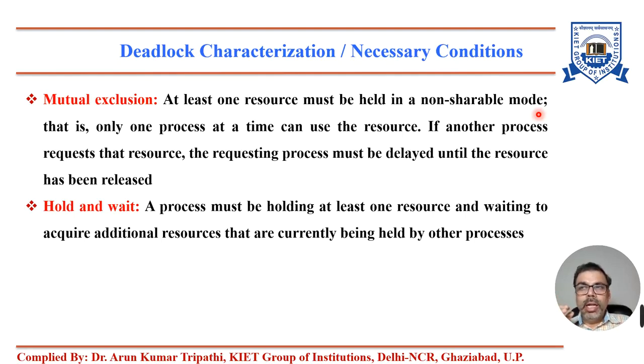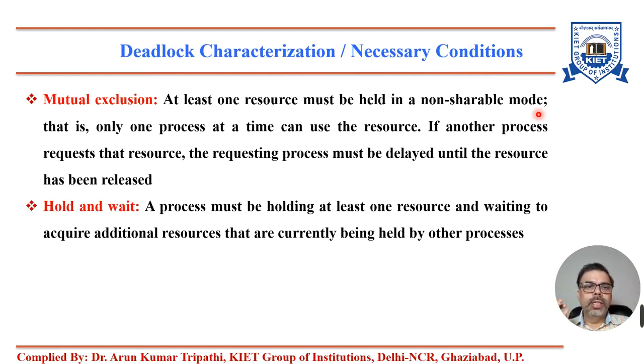For example, a printer is a non-shareable resource, while a word file is a shareable resource. A number of users can send their requests as processes to read that particular file. So there should be at least one resource in the non-shareable mode.